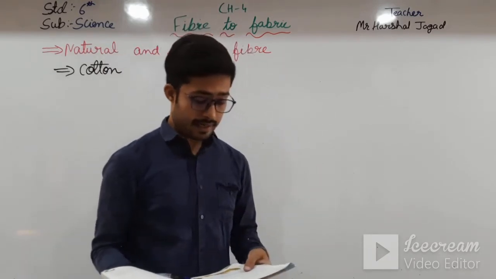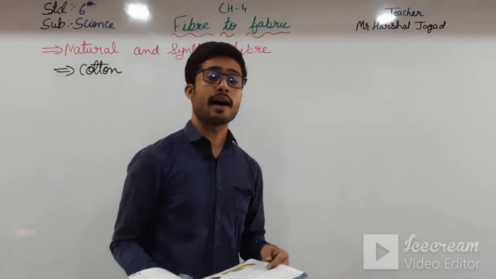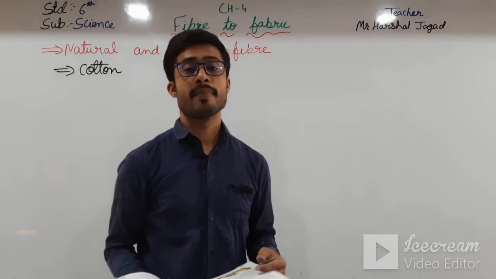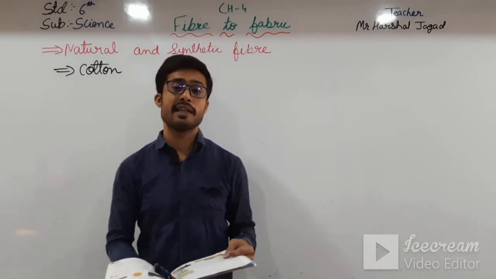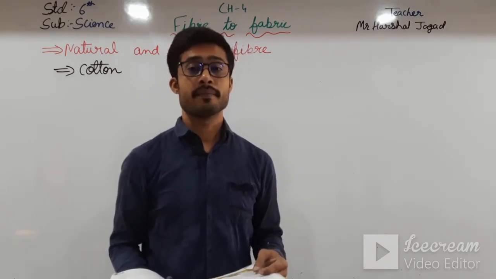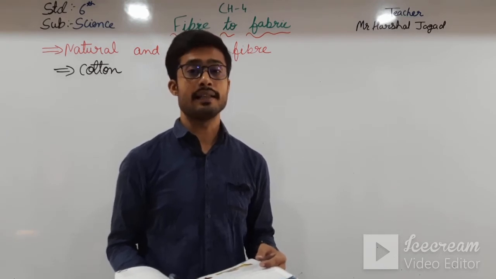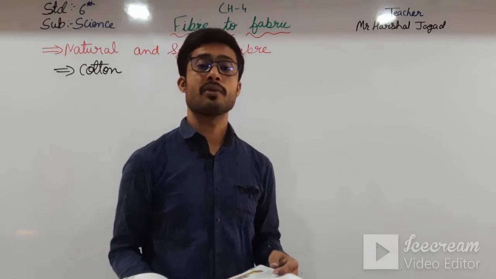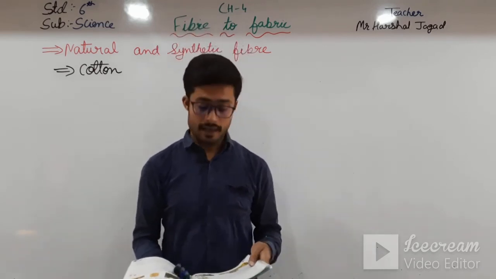In India, khadi. We have listened about khadi. From whom have we listened? Narendra Modi. Okay, students, he says to wear khadi, which means it is an Indian cloth. It is made in India. It is told that Mahatma Gandhi also wore only khadi, and Narendra Modi also wears khadi.